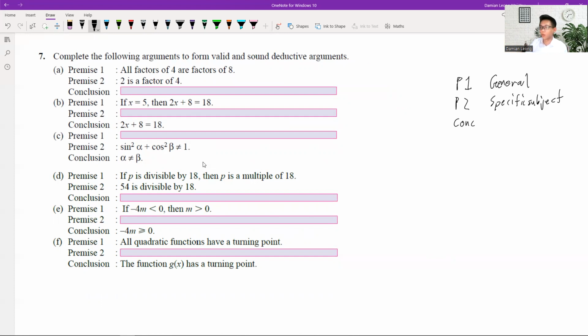If P then Q, then the subject is P, so the subject is Q. The third form is using the contrapositive. Argument form 3 is using the contrapositive.